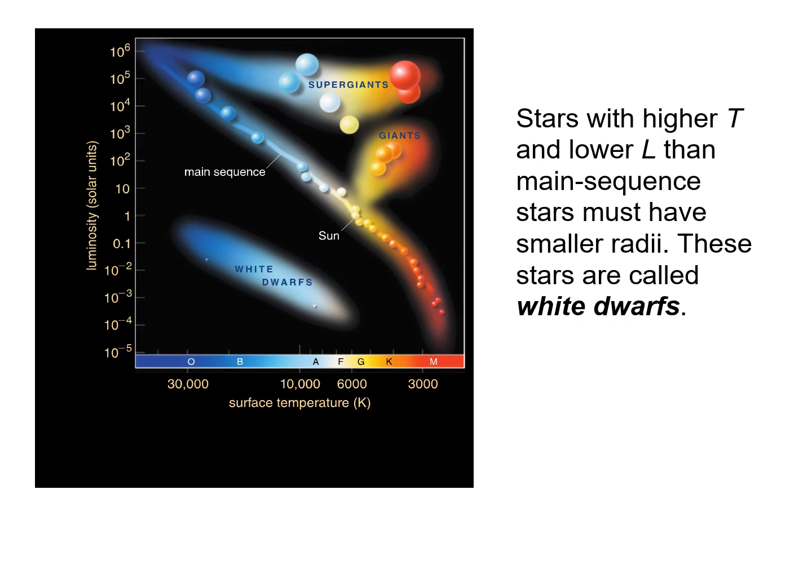Now let's go down and to the left. Stars with higher temperature and lower luminosity than main sequence stars must have smaller radii. So let's take a look at this little star right here. It is a very, very hot star. It's an O star, but it's very, very dim, only between 10 to the negative 2 and 0.1 solar luminosities.